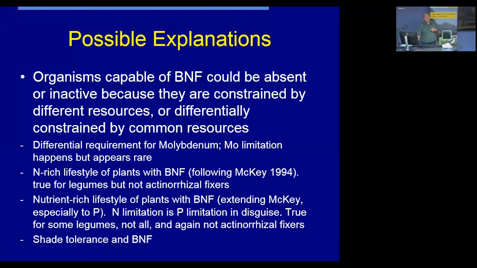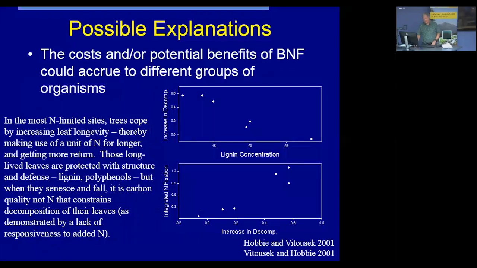And so you can easily show experimentally in some cases that nitrogen limitation is phosphorus limitation in disguise, that the biological nitrogen fixers are limited by phosphorus supply, but the other species in the community are limited by nitrogen supply. So those all occur. So does the fact that you can get differential costs and benefits.